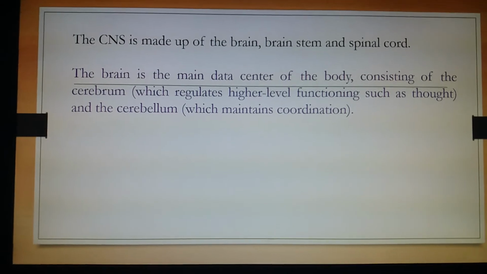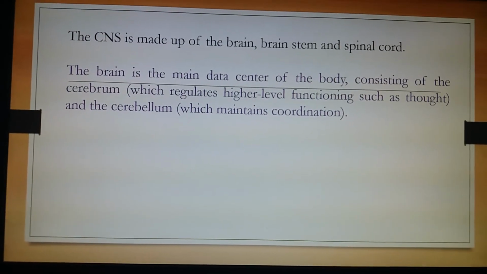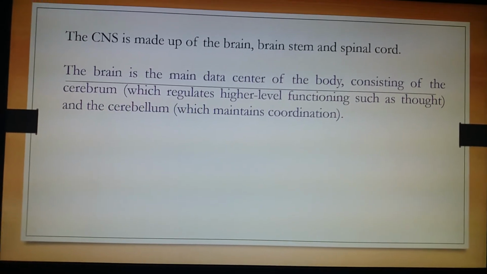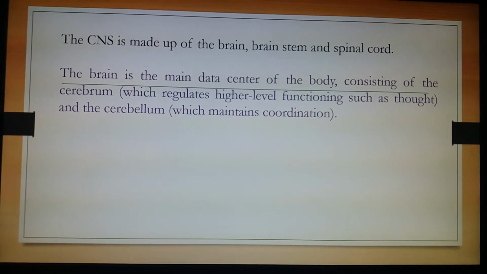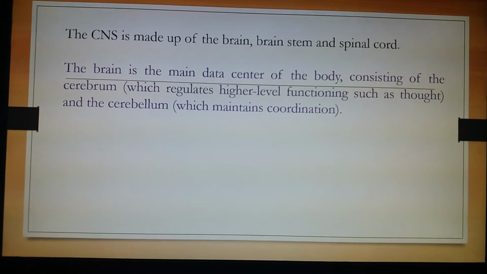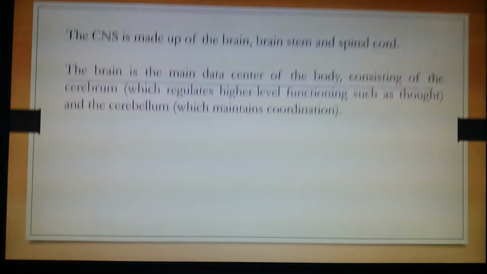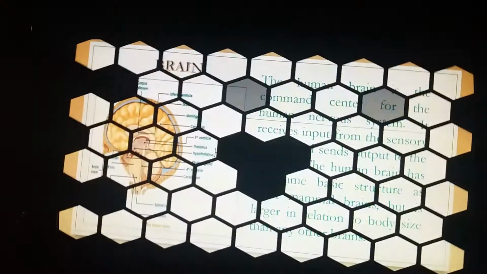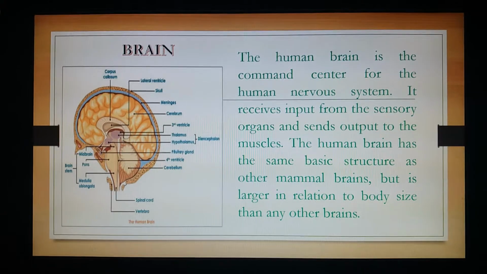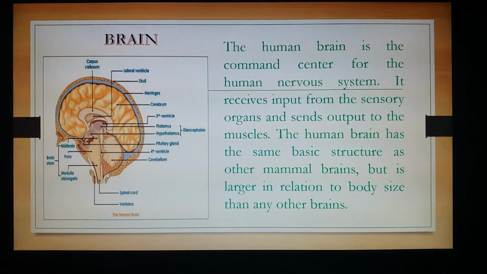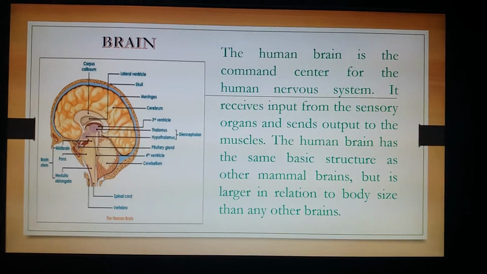The brain is the main control center of the body. It consists of the cerebrum and the cerebellum. The human brain is the command center of the human nervous system.